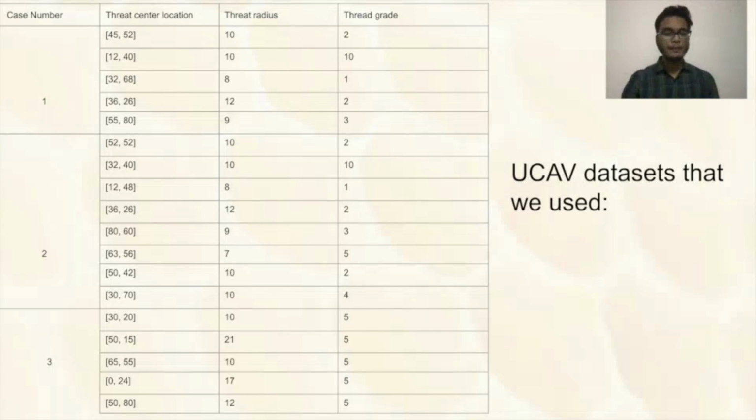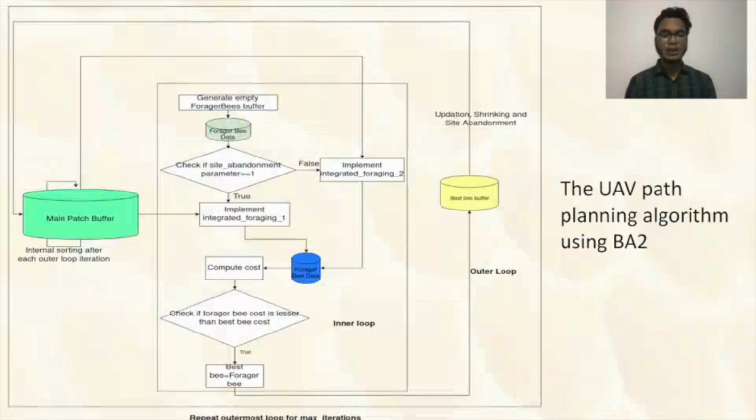Now moving on, this is the flowchart which represents our integrated algorithm for computing waypoints for the UAV in 2D using the 2-parameter version of Bees. As you can see, the entire optimization is being performed across 3 loops. This is the main part of our 2-parameter version of Bees algorithm.